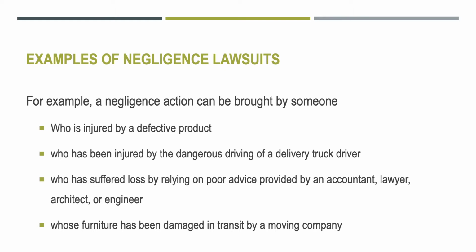Negligence action can also be brought by someone who's been injured by the dangerous driving of, say, a delivery truck driver. Someone who has suffered loss by relying on poor advice provided by an accountant, lawyer, architect, or engineer. Or finally, someone whose furniture has been damaged in transit by a moving company that was hired to transport their goods safely. So there's all kinds of examples of negligence lawsuits. You can probably come up with several on your own.